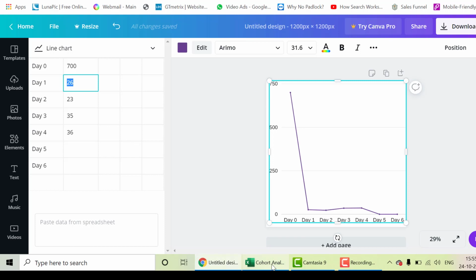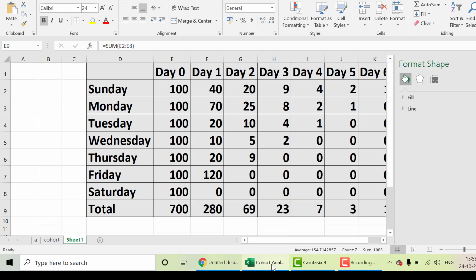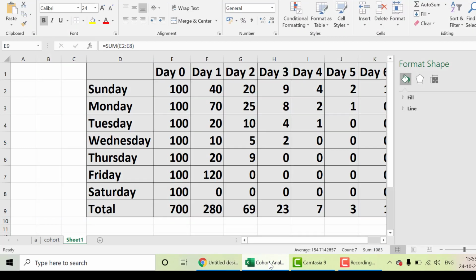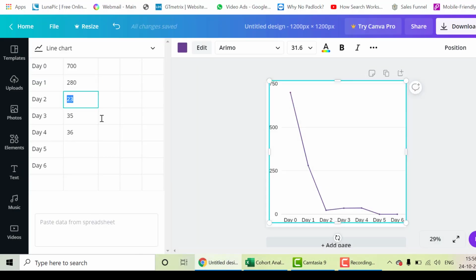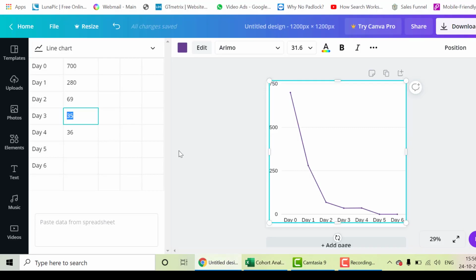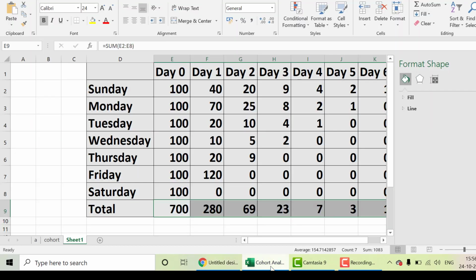Then let's take the other number, which is 280. So I'll write 280 over here. Then comes 69 for day 2. So for day 2 it's 69, you can match it. For day 3 it is gonna be 23, so it's 23. For day 4 it's 7.